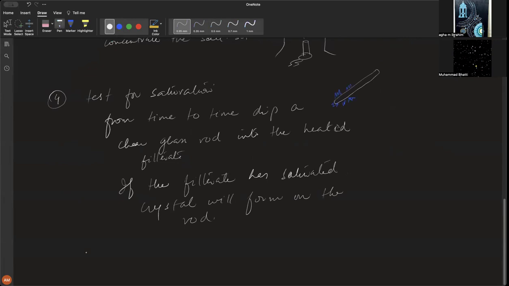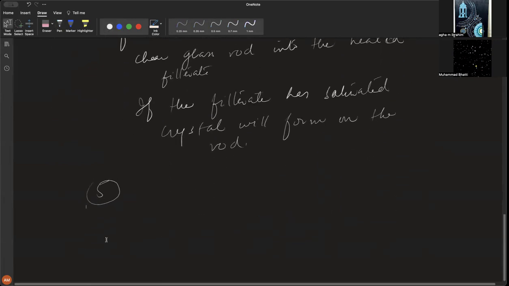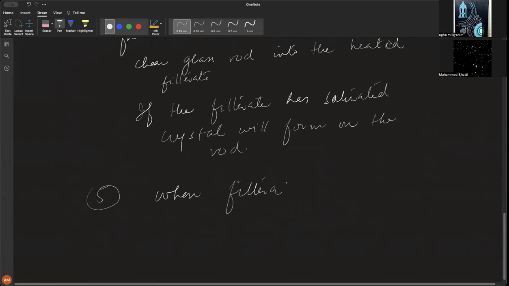So the fifth point over here should be: when the filtrate is saturated, leave it to cool and crystallize.